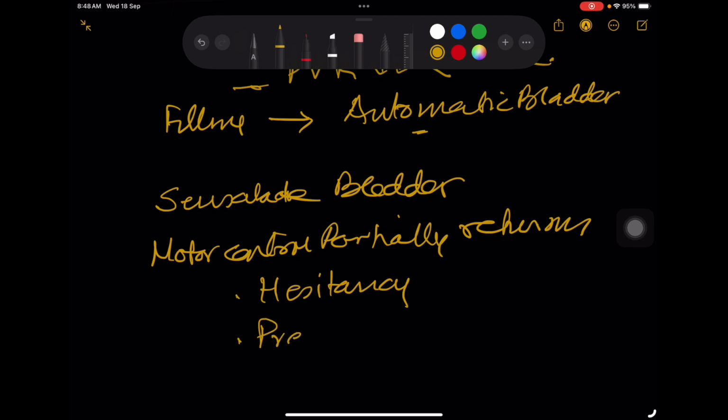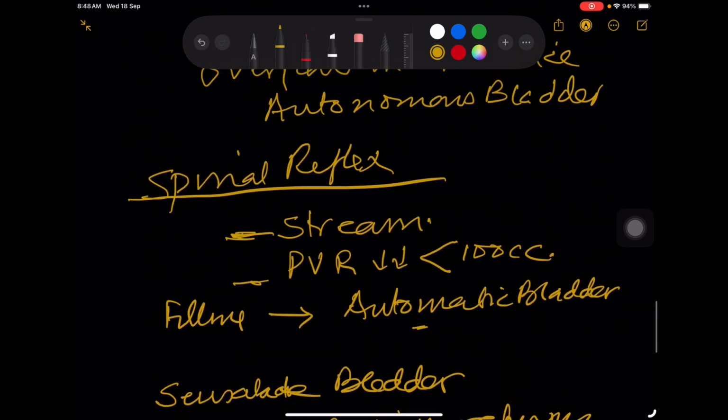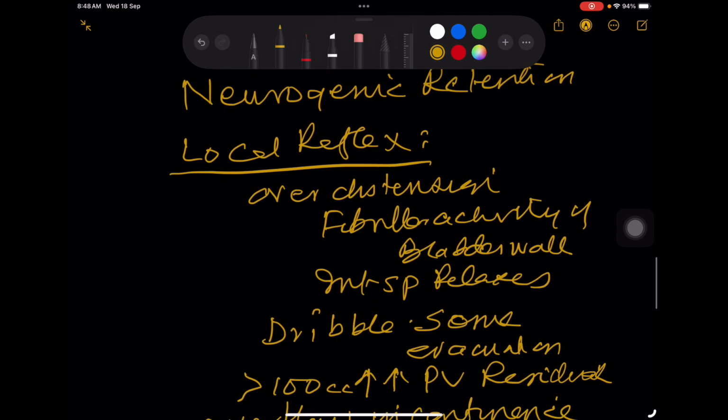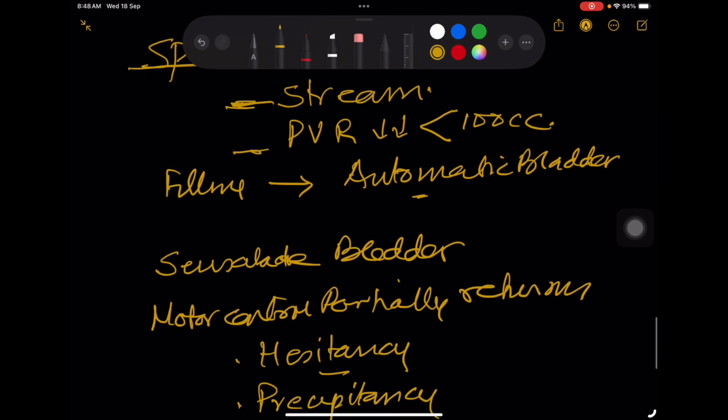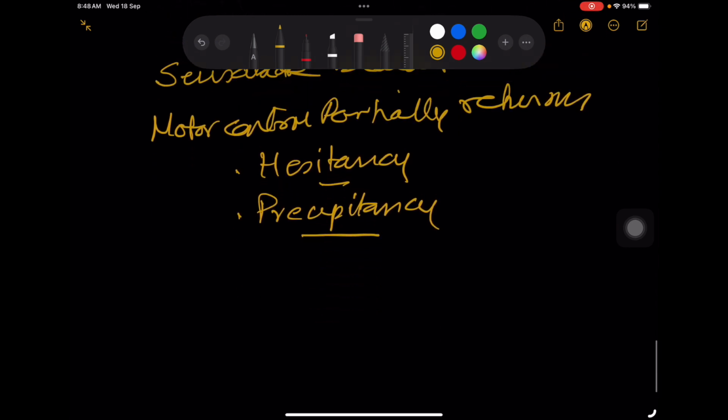And the second is precipitancy. That means you can't hold the urine till you reach the toilet. So hesitancy and precipitancy are signs of partial motor control of the bladder. Therefore, the neurogenic bladder is neurogenic retention, autonomous bladder, automatic bladder, sensate bladder, and partial motor control, which is hesitancy and precipitancy.